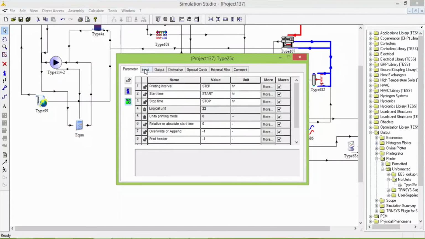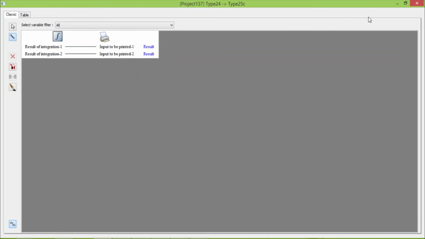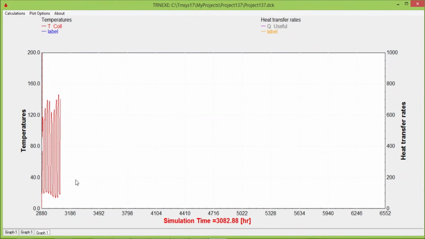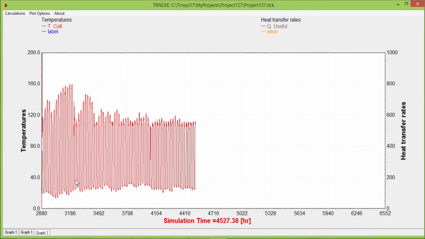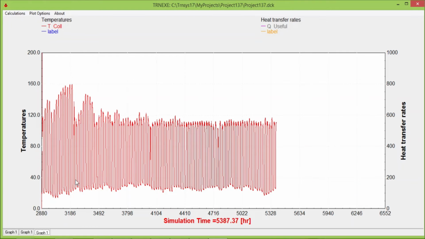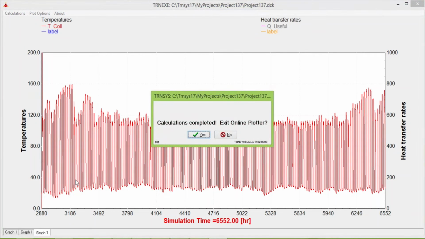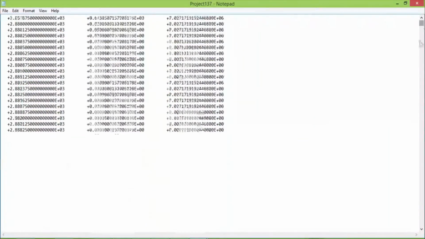Terminal we need to make it 2. And the last values.